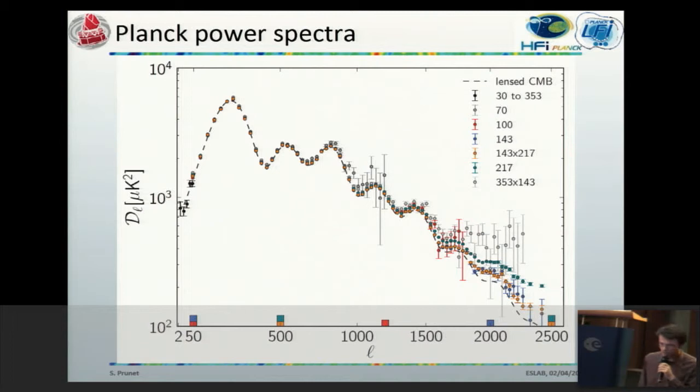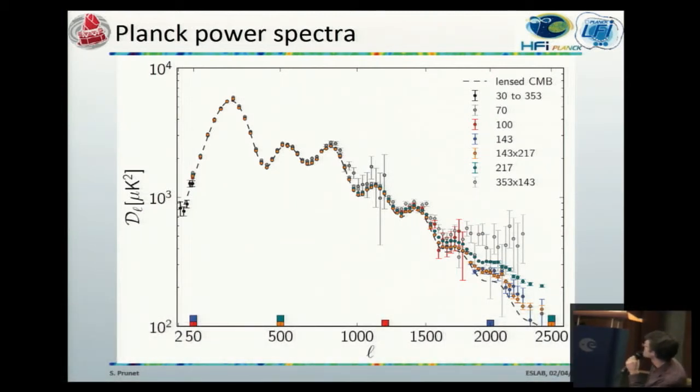So here is an intermediate step, which is showing very nicely the consistency between the different foreground uncorrected power spectra. Those are just combined within a frequency pair, going from 70 gigahertz across between 143 and 353.